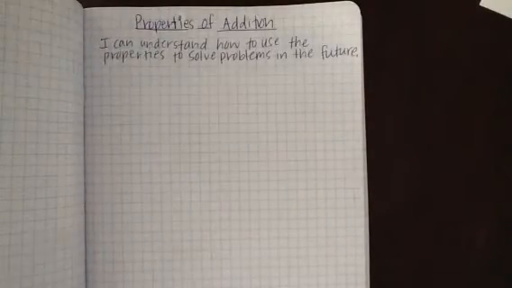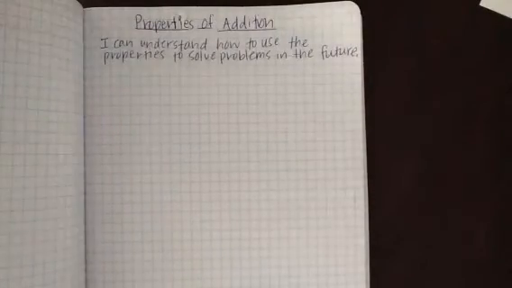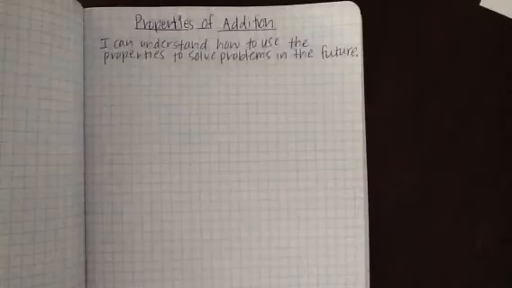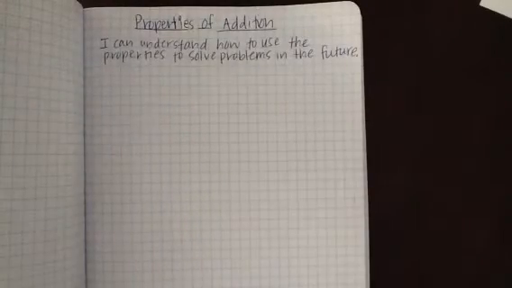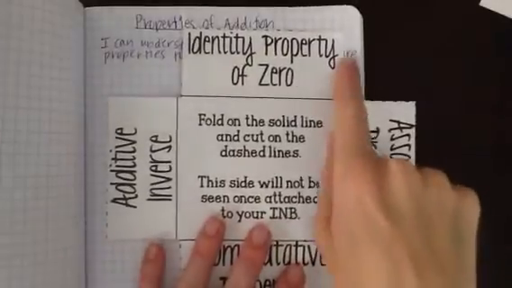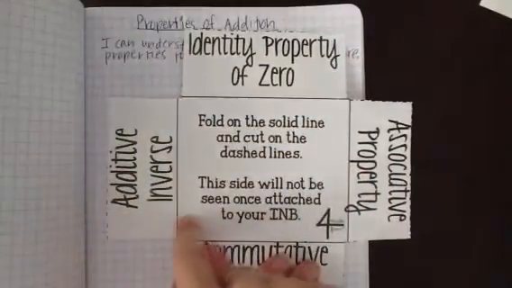As we move forward, you should have been given something that looks like this in your work plan. You are going to cut out in the middle. Remember you're going to cut on the dotted lines, and then you're going to fold on the solid lines. So you should end up with something like this because you've cut out all the way around in the center.